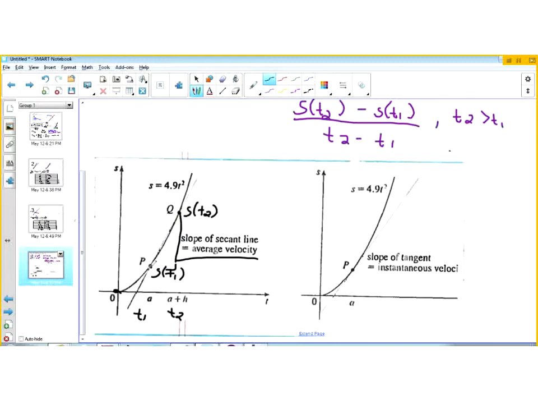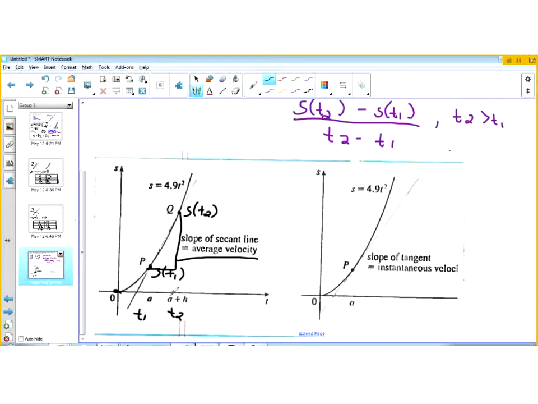Now we take the slope of this secant line, and that would be our average velocity. So obviously what we're interested in pursuing would be the slope of the tangent line. That would be our instantaneous velocity.